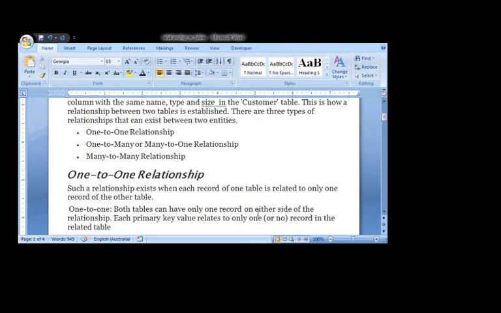Such a relationship exists when each record of one table is related to only one record of the other table. That is why we call it one-to-one relationship.